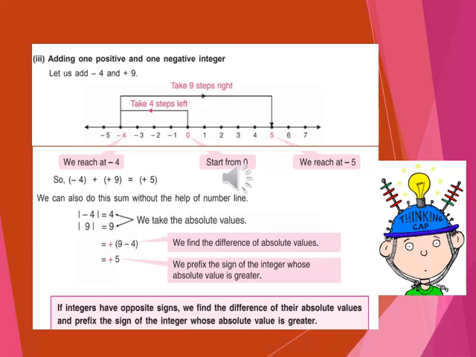So here 9 is greater, so the sign is positive. So if integers have opposite signs, we find the difference of their absolute values and prefix the sign of the integer whose absolute value is greater.